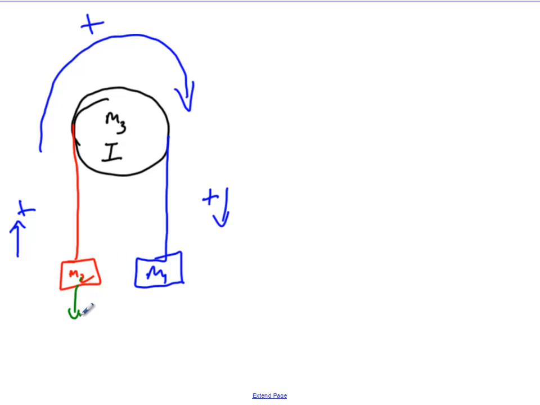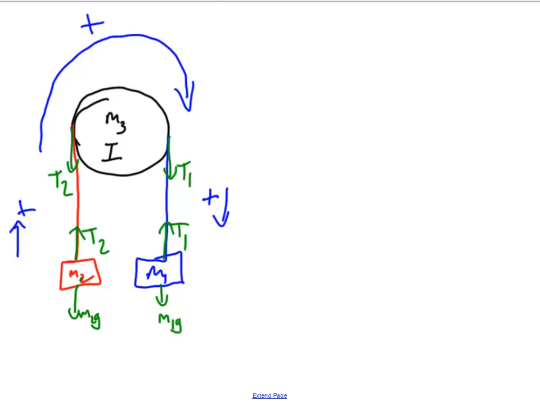Okay, I'm going to label everything I know. This is M2 times G. This is M1 times G. This is tension 1. This is tension 2. This is also tension 2. Those are opposite ends of the same string. This is tension 1. So I want to know what's the acceleration of this system.